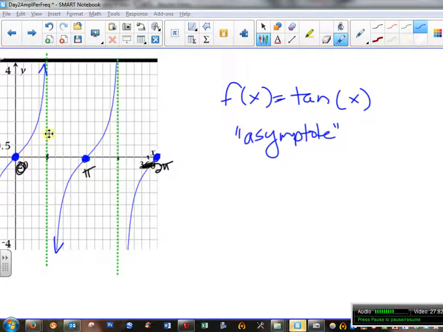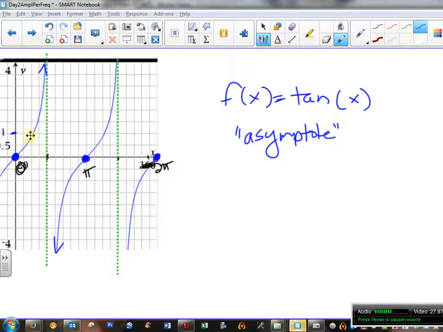So the function never touches pi over 2, and that means it's undefined at pi over 2, and that's where all those undefined values came from. Also, it never touches 3 pi over 2. So when we were down at 270 degrees or 3 pi over 2, again we had undefined business going on with the tangent. So let's take a look at one more set of important points on these graphs.